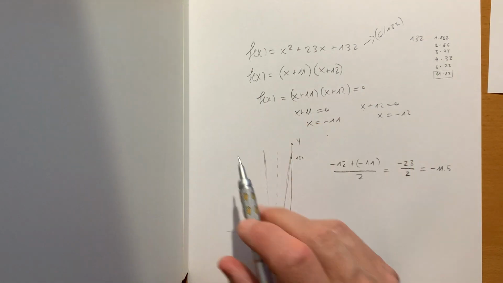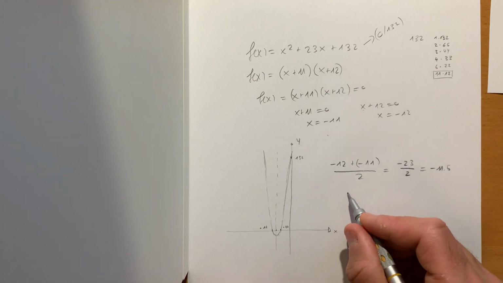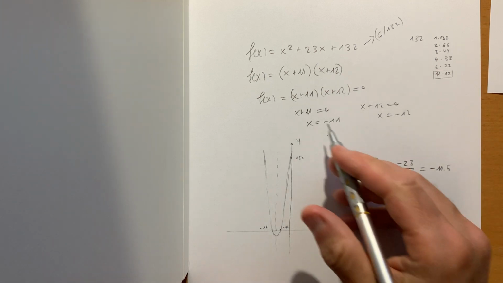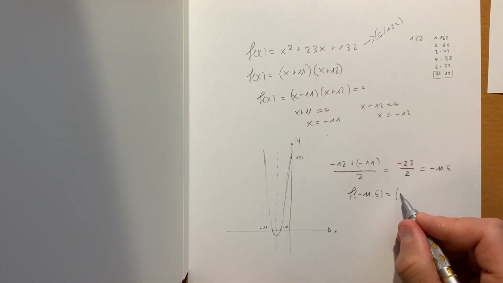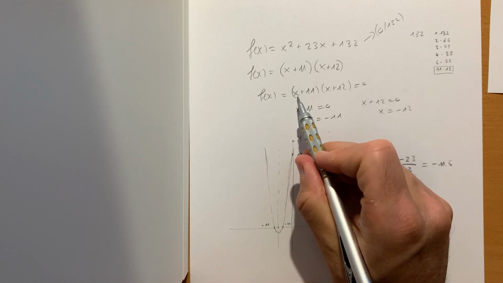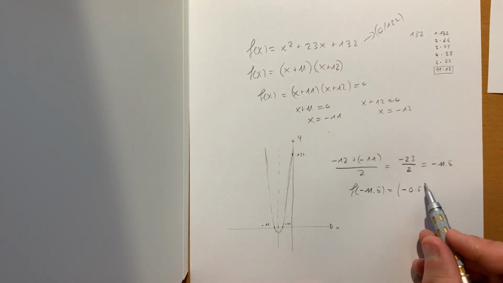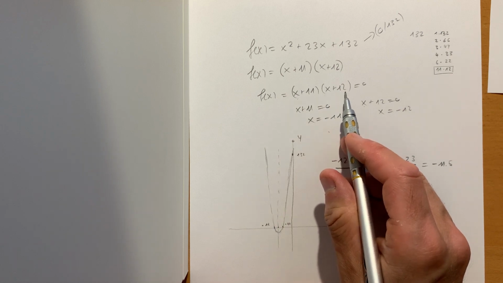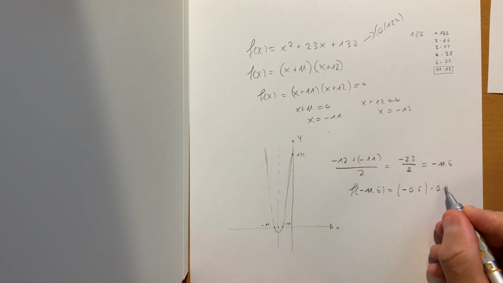So now let's plug this in, minus 11.5. So f of minus 11.5: minus 11.5 plus 11 is minus 0.5. And the other one is minus 11.5 plus 12, that would be 0.5.